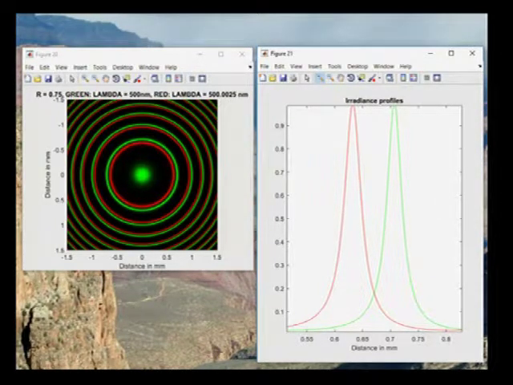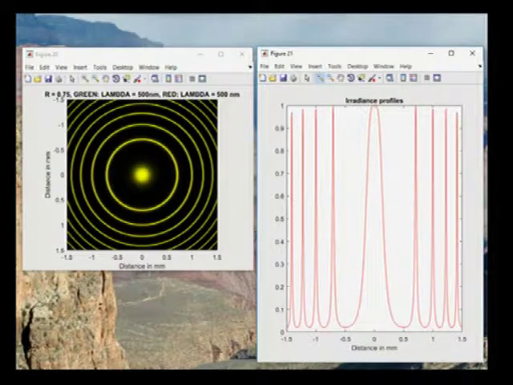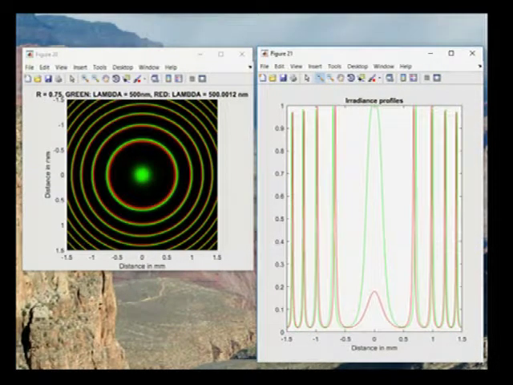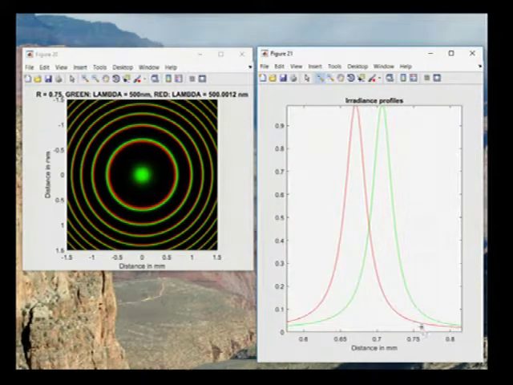If we go back to that first case here, those are the two exactly the same wavelength. Then as we step one step, at this point, the half maxima of the irradiance profiles are just touching.